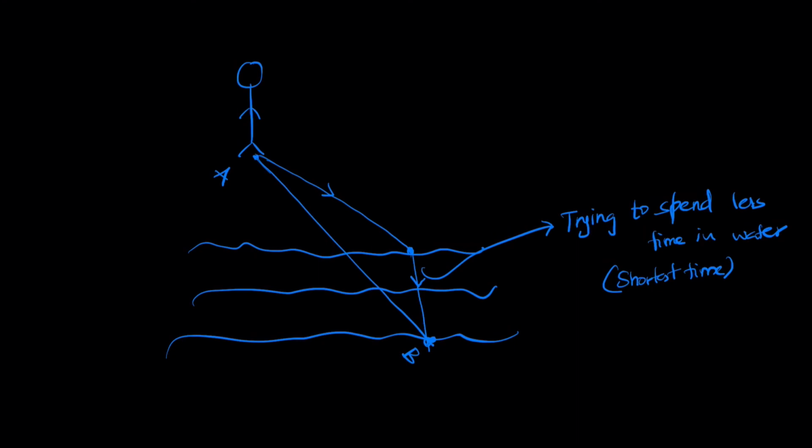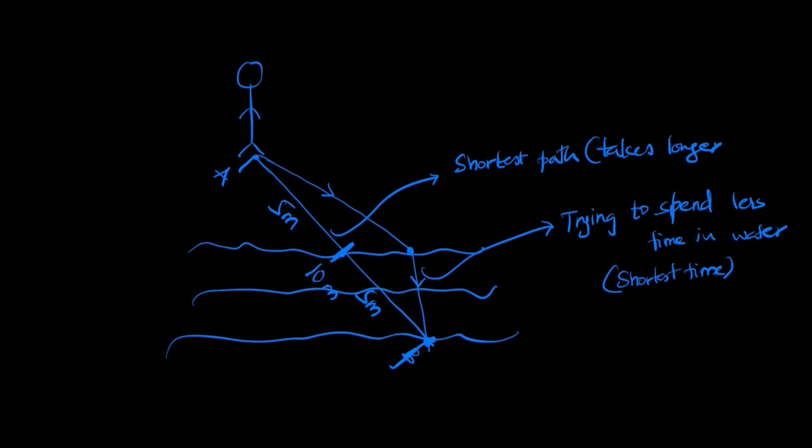Notice that this here is the shortest path. Here, for example, let's say this is the total distance, say 10 meters. But in this 10 meters, you are spending 5 meters in the sand and 5 meters in water. Which means, even though it's the shortest path, it takes longer to reach.